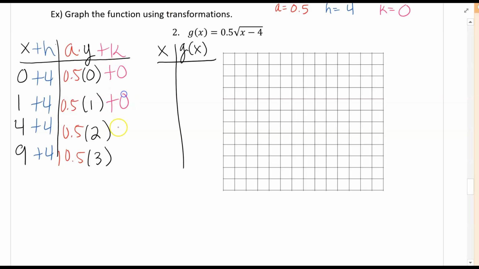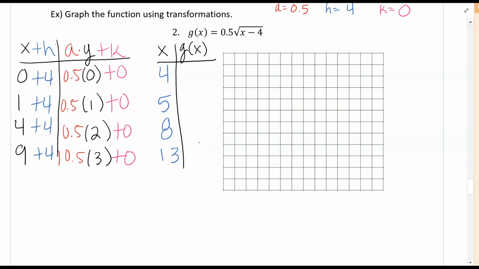You don't even have to do the plus 0 here, you can just ignore it, but I did it so you can see what's happening. Let's calculate that. 0 plus 4 is 4. 1 plus 4 is 5. 4 plus 4 is 8. And 9 plus 4 is 13.